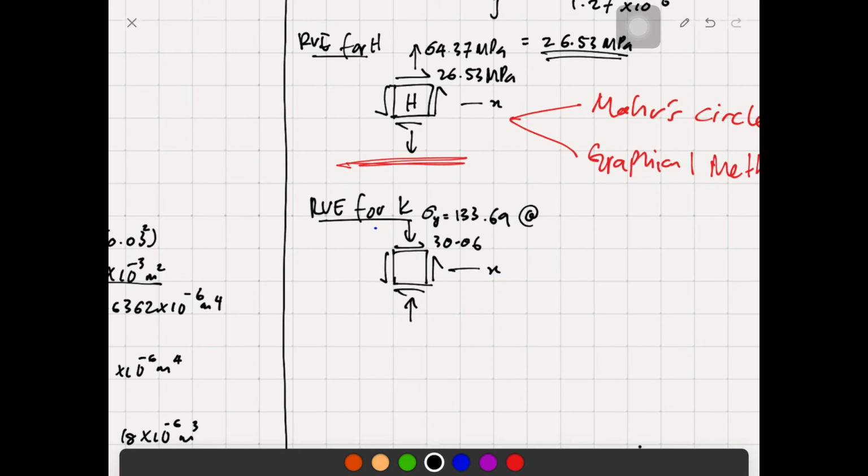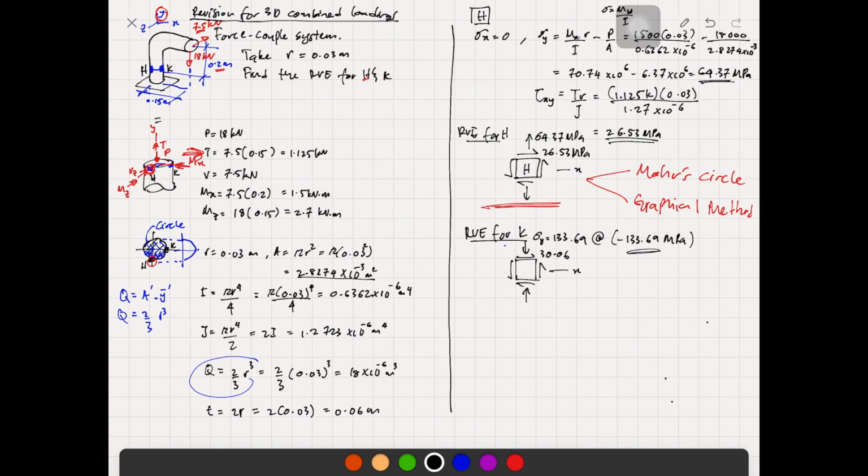Bear in mind that you're going to have negative 133.69 megapascal for your solution, just to make sure that is the value you have for point K.